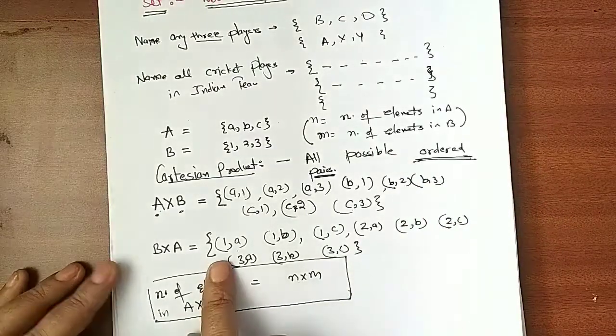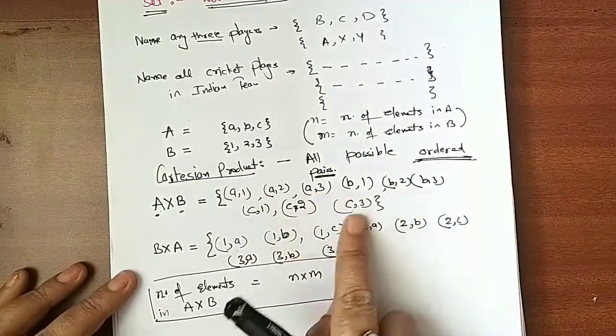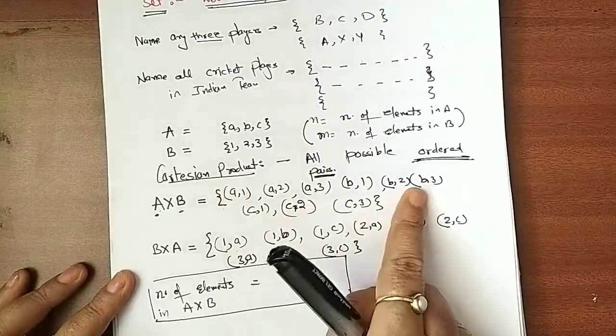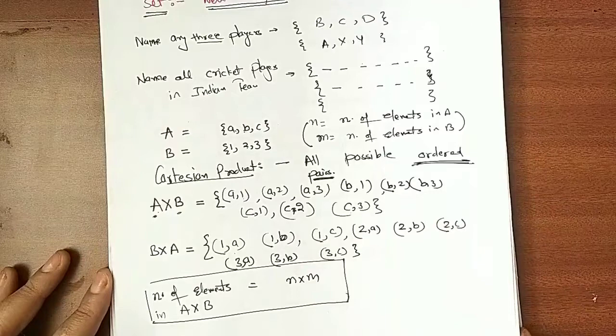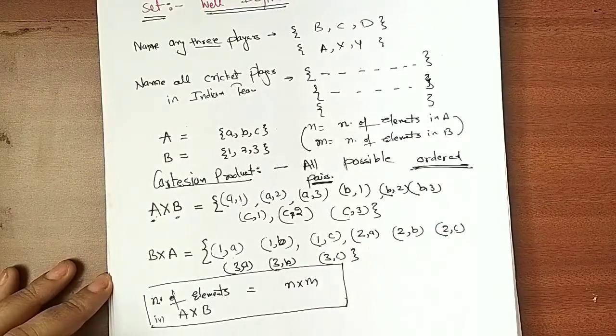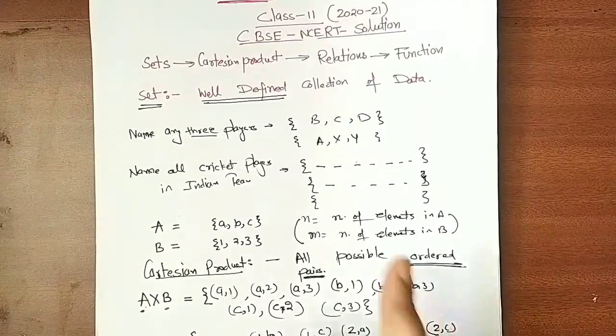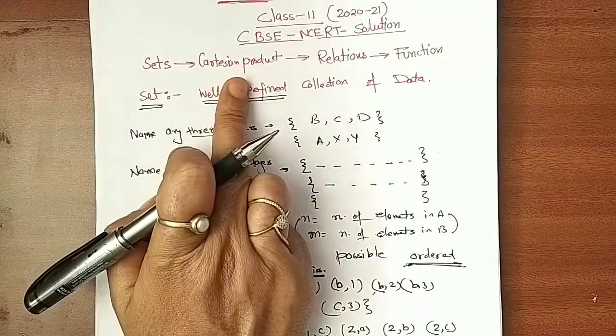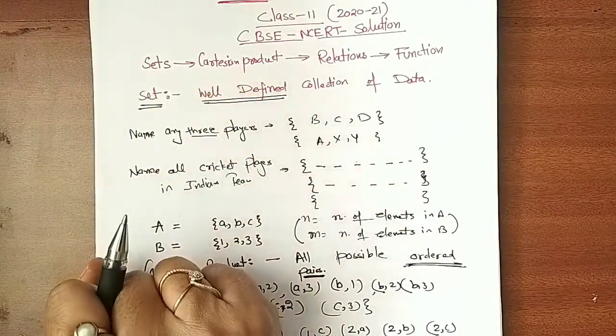In Cartesian product, we take all possible ordered pairs. But out of these ordered pairs, only those pairs which satisfy a certain given condition are called relations. So first we make a set, then we do the Cartesian product by taking ordered pairs.